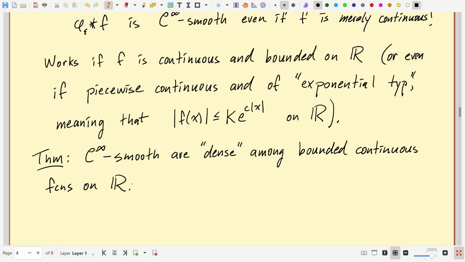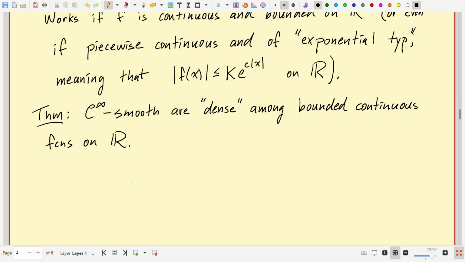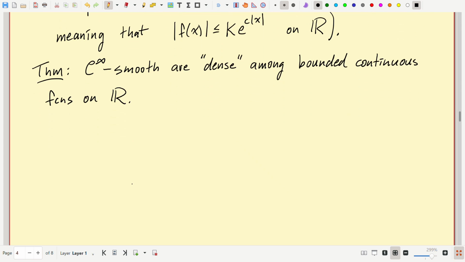And the proof is going to be something that's very familiar. So if I were to take, for example, a bounded continuous function f, and I take phi epsilon convolved with f at x, and now I want to show that that's close to f.